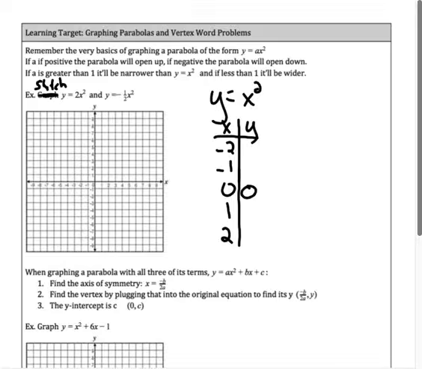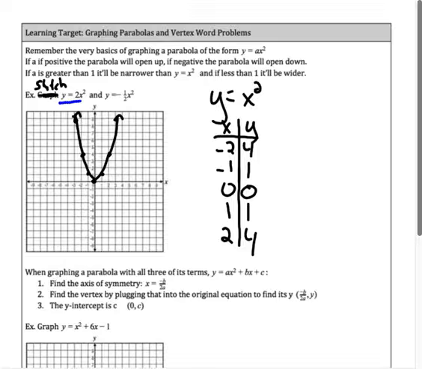So 0 squared is still 0, 1 squared, 2 squared, negative 1 squared, negative 2 squared. So this is our most basic parabola, okay, looking like this. Now, the reason I'm saying sketch is because I'm not going to make you specifically graph these, but what I want you to be able to do is recognize what's going to be happening.